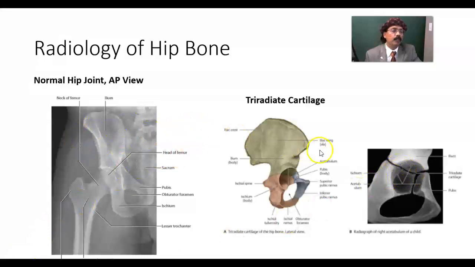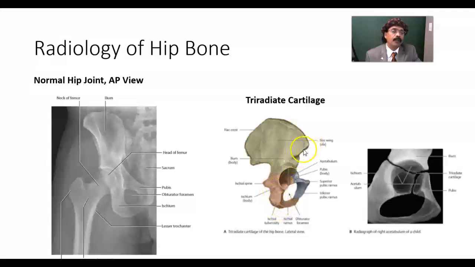The hip bone has 3 primary centers of ossification: 1 for the ilium, 1 for the ischium, 1 for the pubis. There are secondary centers of ossification: 2 for the ilium, 2 for the acetabulum area, and 1 for the ischium.